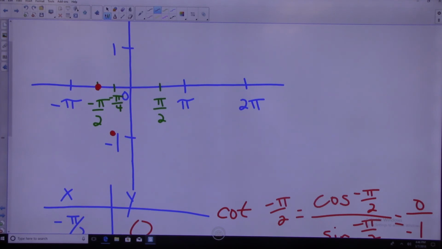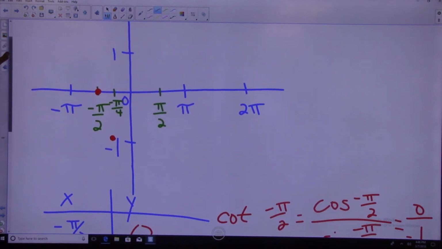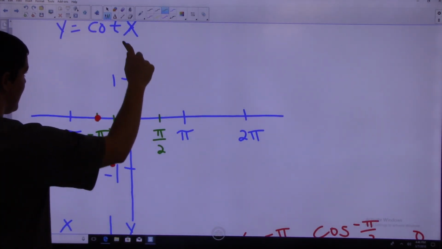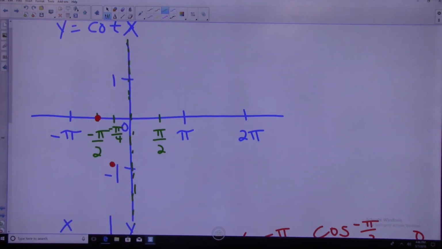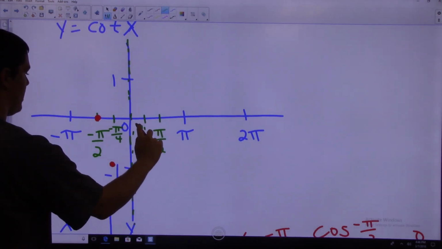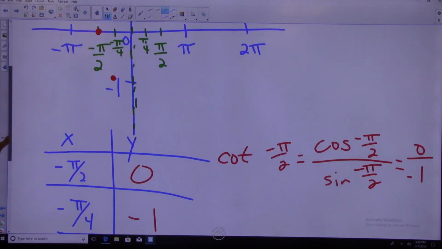Now, the next thing is that this is going to be undefined at 0. So if it's undefined, what's that going to look like? Hopefully you guys told me it's an asymptote. So it's going to have a vertical asymptote there. Now at pi over 4, which would be halfway between pi over 2 and 0, what do we say the value is?